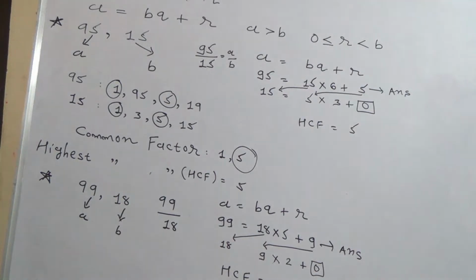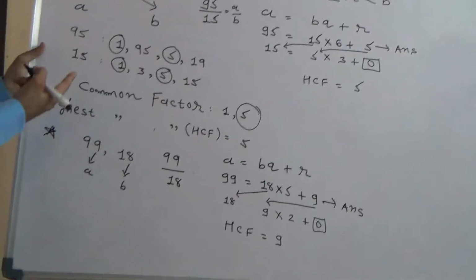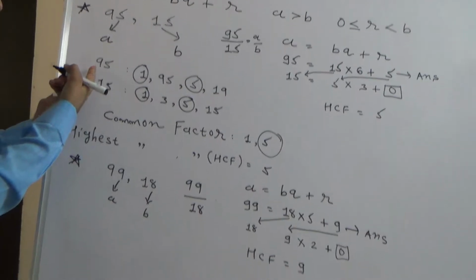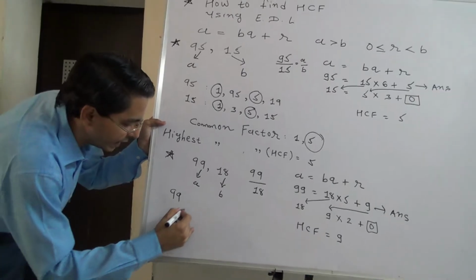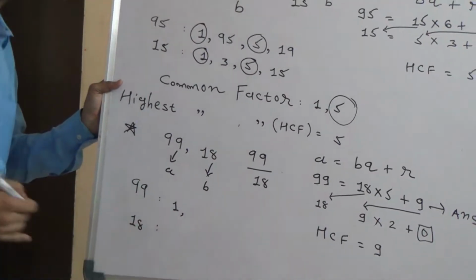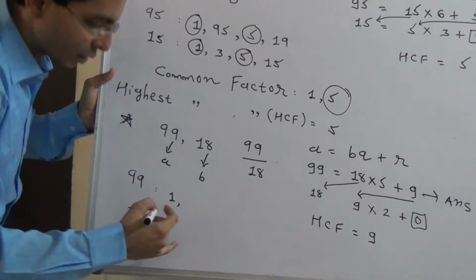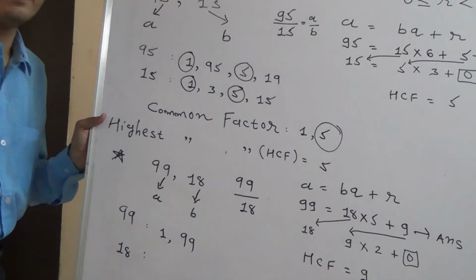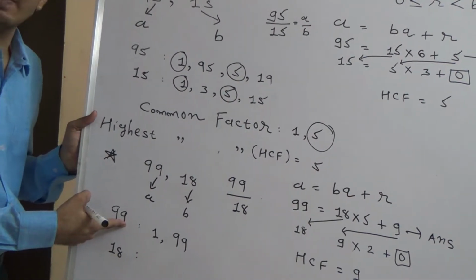And if I want to cross-check whether our answer is right or wrong using the method from a previous standard, we find the factors of 99 and the factors of 18. First, any number has two factors, 1 and the number itself, so for 99 we have 1 and 99. The unit digit is 9, an odd number, so it's not divisible by 2.